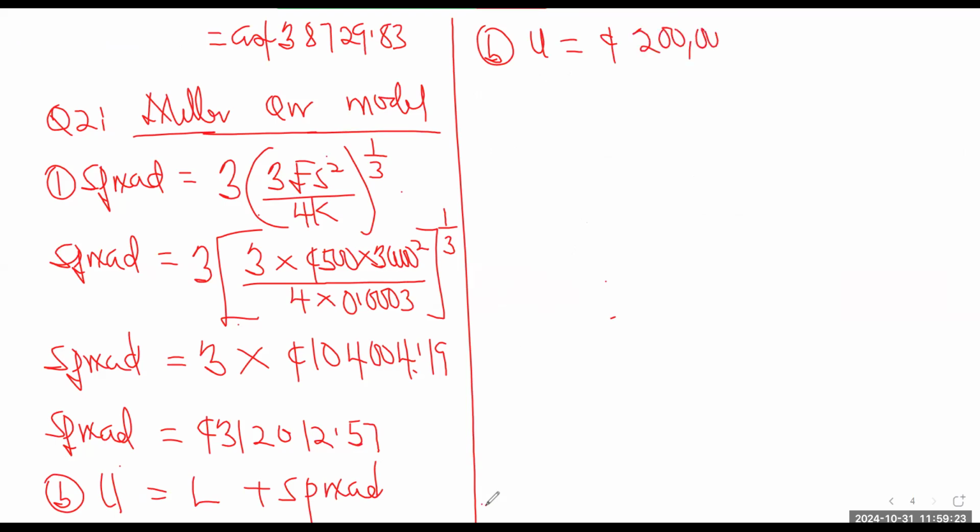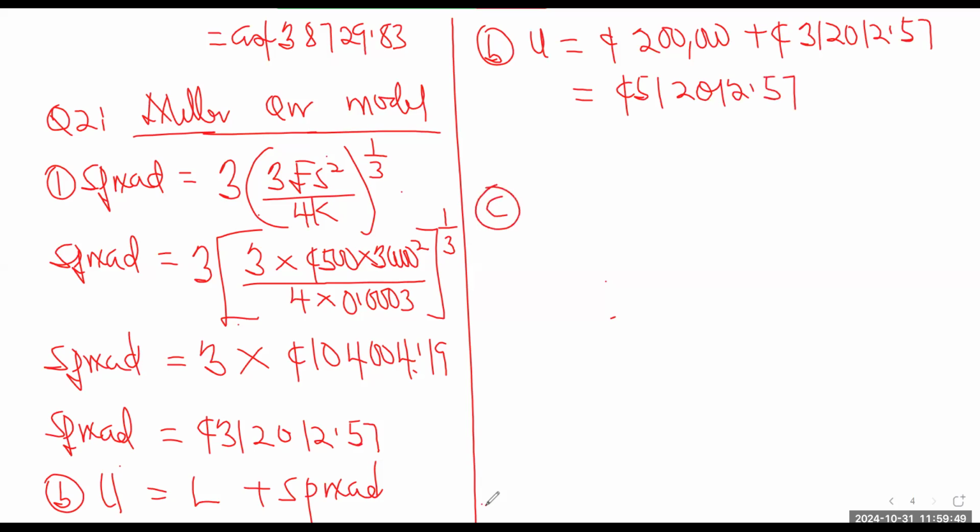So 200,000 plus 312,012.57 gives 512,012.57. So that is the upper limit.